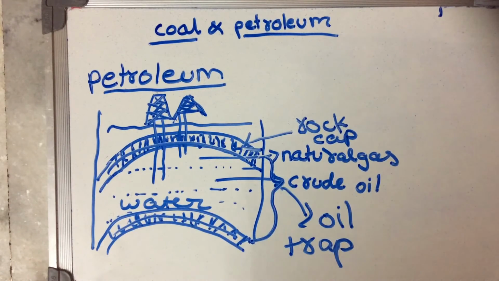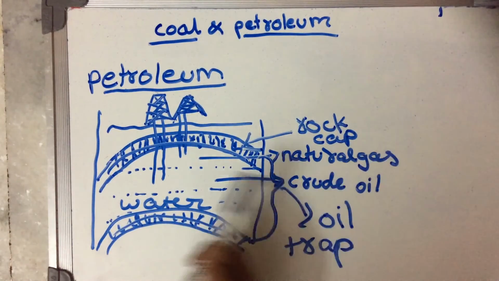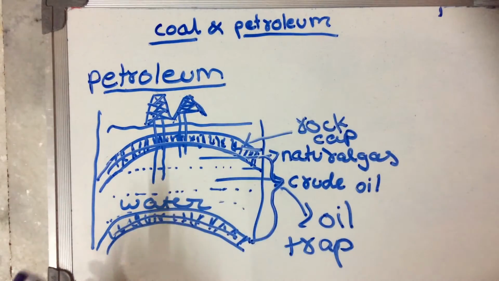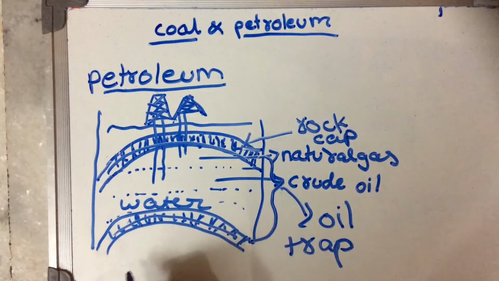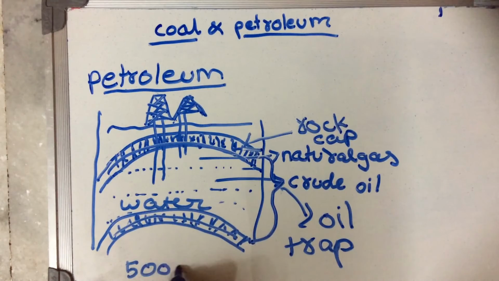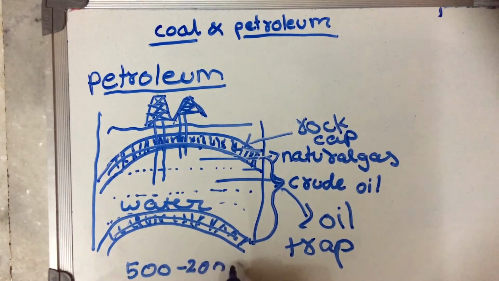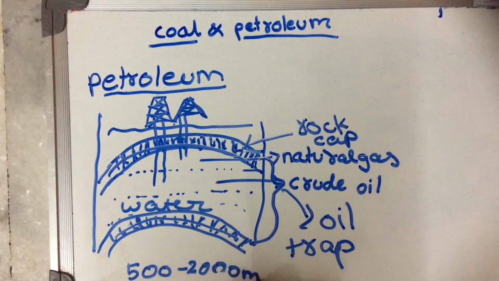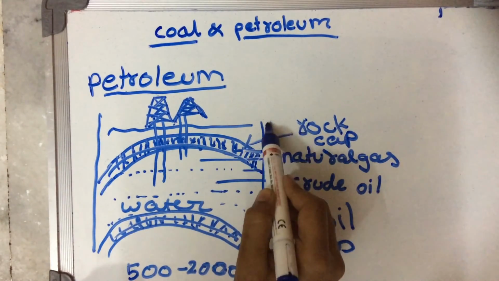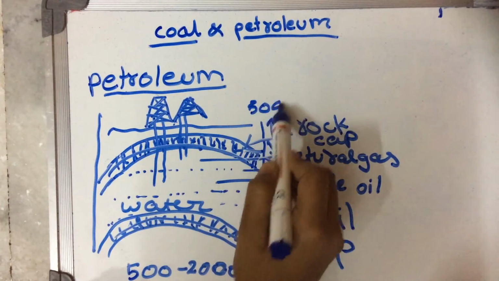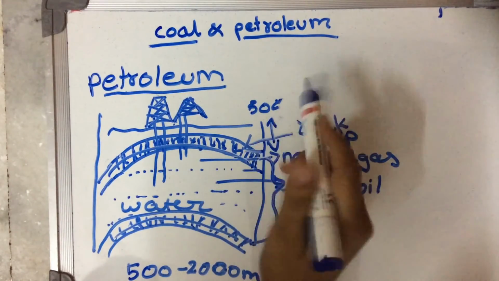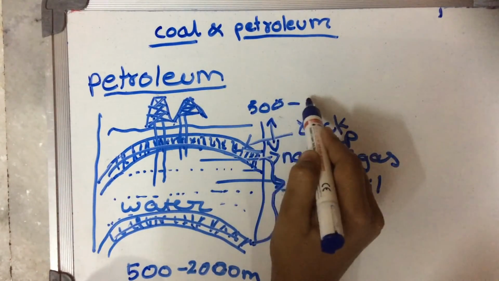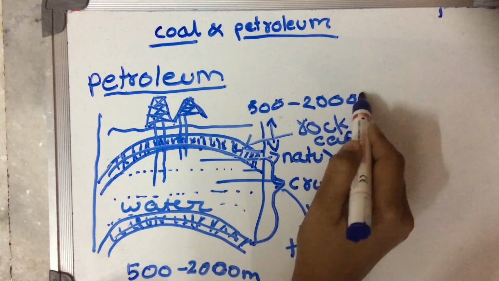An oil rig is a special drill used for drilling through impervious rocks. The rock cap is usually reached at a depth of 500 to 2000 meters.